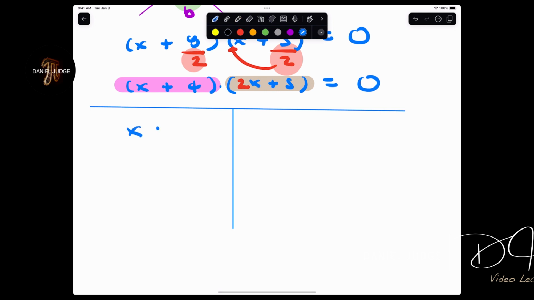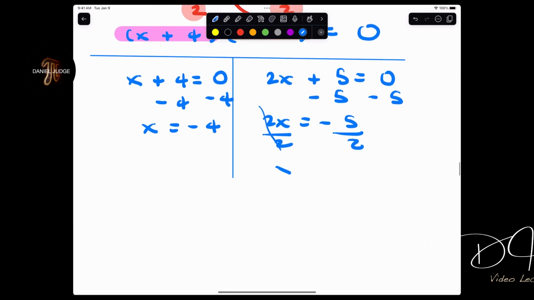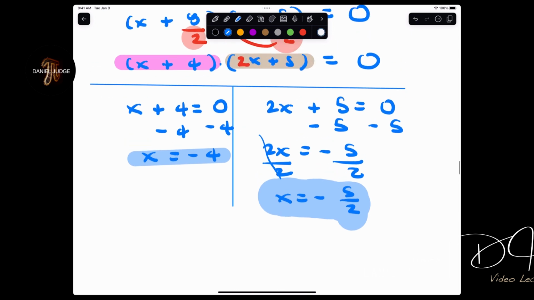So that means x plus 4 equals 0 and it means 2x plus 5 equals 0. You're going to solve for x. You're going to subtract 4 from both sides. You get x is negative 4 here. Subtract 5 from both sides, and you get 2x is negative 5. Divide both sides by 2. x is going to equal negative 5 halves. And ladies and gentlemen, x is negative 4 and x is negative 5 halves. These are your two solutions.